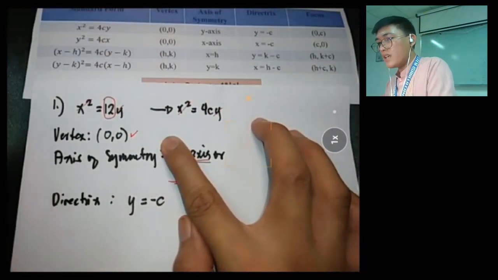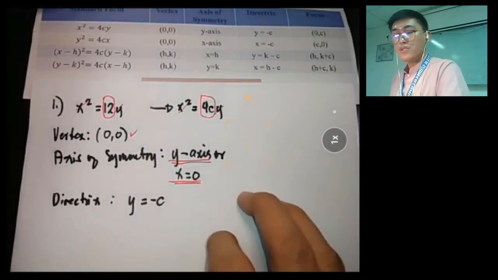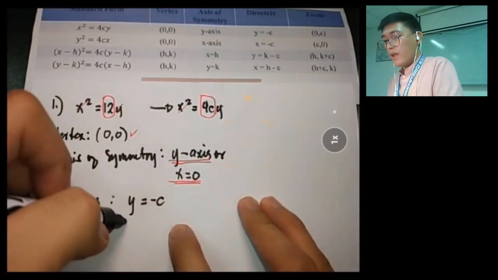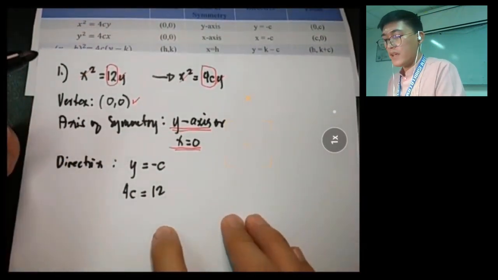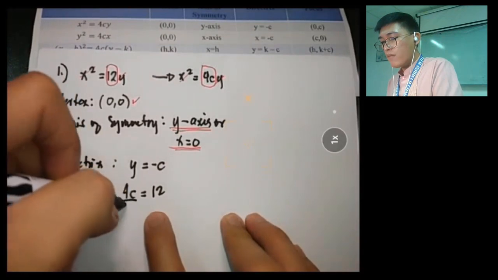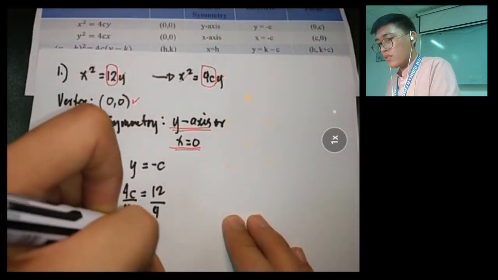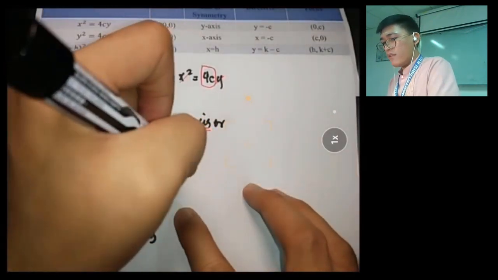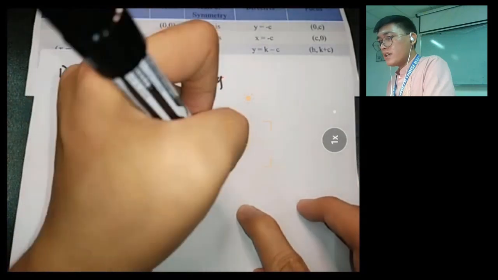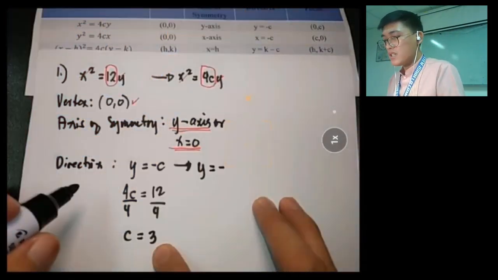The remaining are 12 and 4c. What we are going to do with those two is to equate them. We have 4c is equal to 12 to get the value of letter c. Divide both sides by 4, we'll get c is equal to 3. Now, it's your time to put it in here. We have here y is equal to negative, what is the value of c? It's 3.